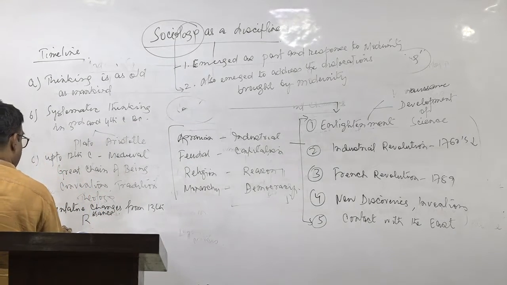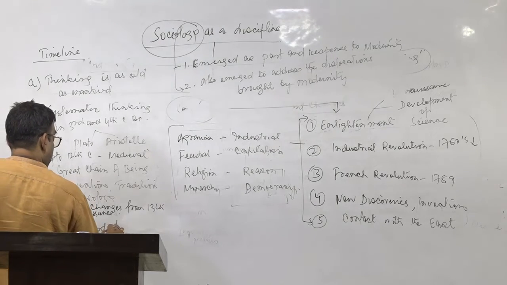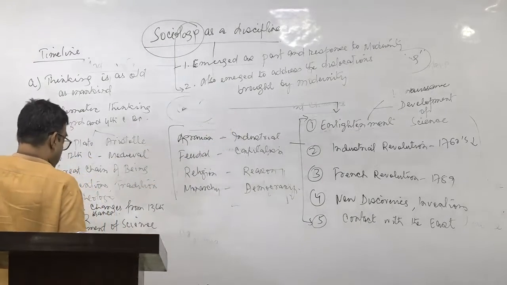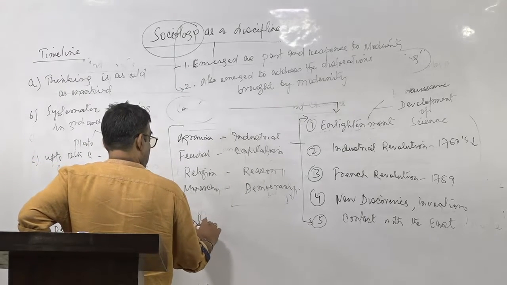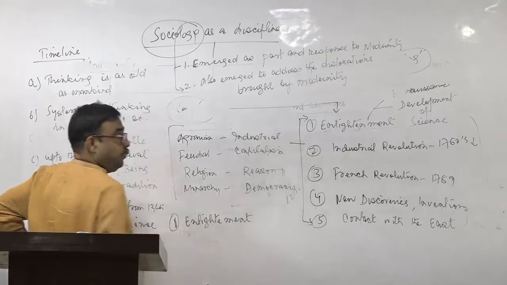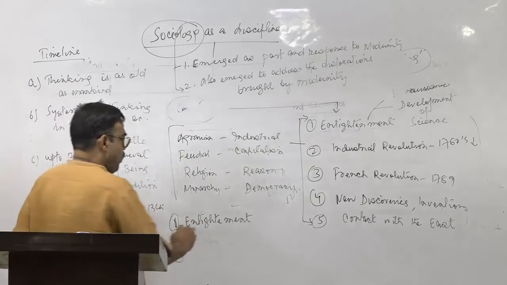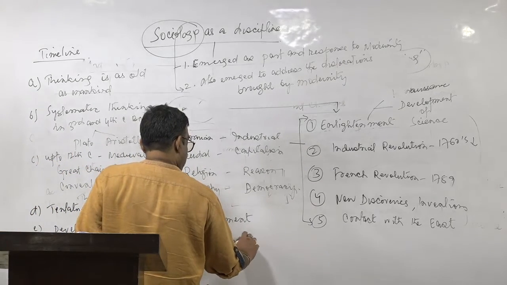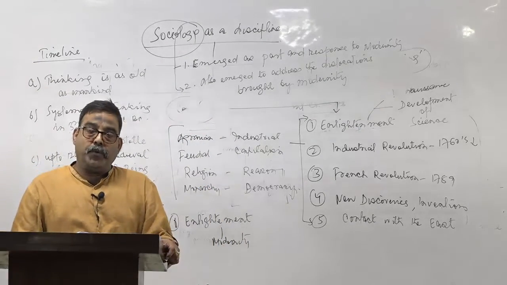E. Development of science. The same line I am picking up from there. Then F. Enlightenment. And from there, we will be talking about the transition from pre-modern to modernity, the consequent changes and the emergence of sociology.